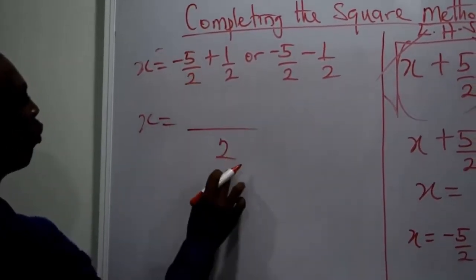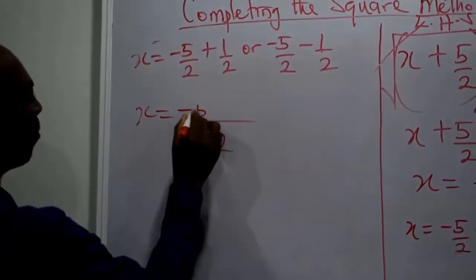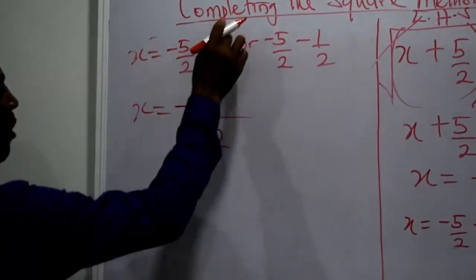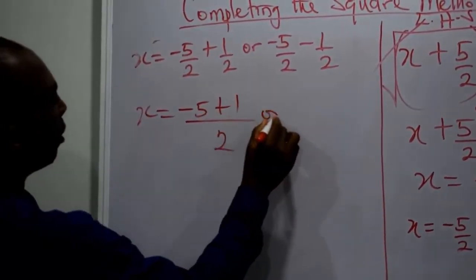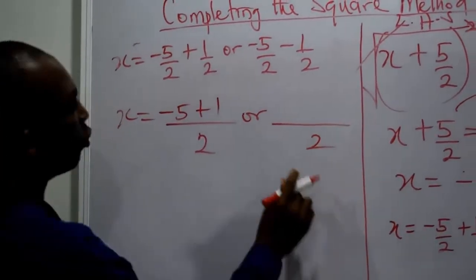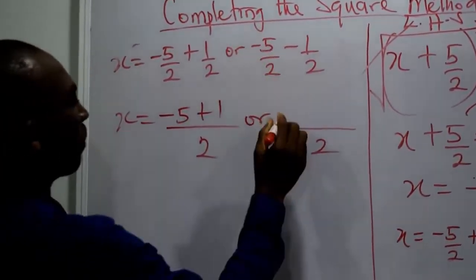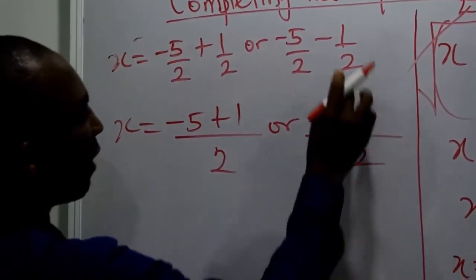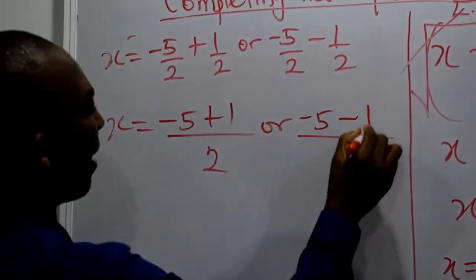The LCM is 2. 2 into 1 multiplied by minus 5, minus 5. 2 into 1 multiplied by plus 1, that's plus 1. Or for these two, LCM is 2, minus 5 minus 1.